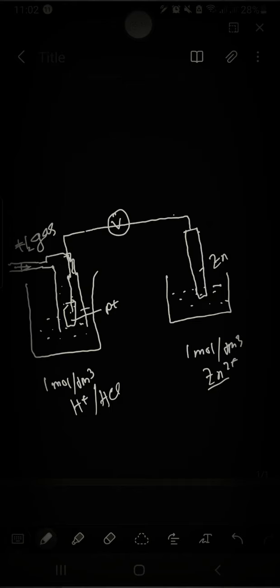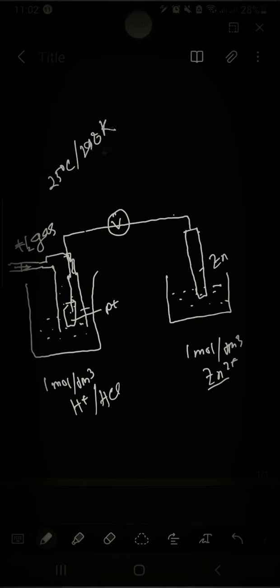So here, remember, you need to supply the hydrogen gas, and also you need to have 1 mol/dm³ HCl. You need to have a platinum electrode, and most importantly, the temperature should be 25 degrees Celsius or 298 Kelvin.